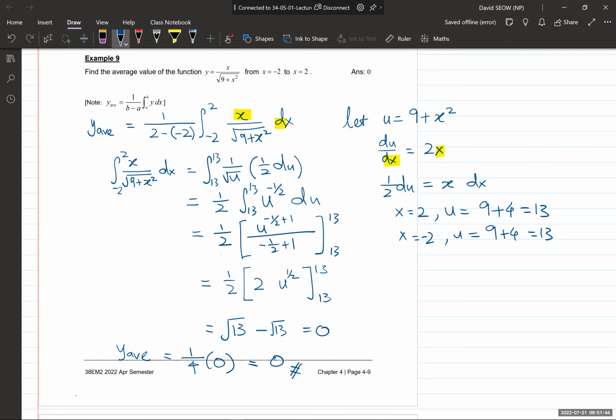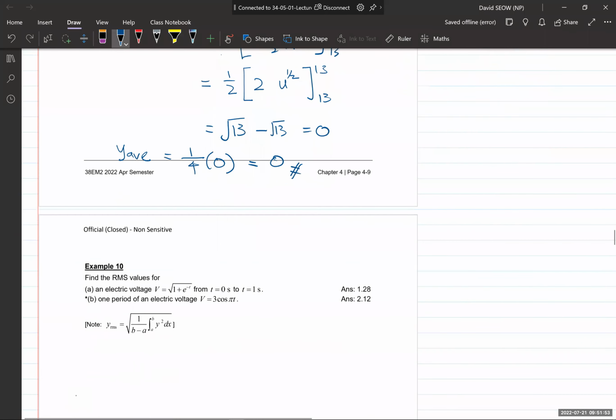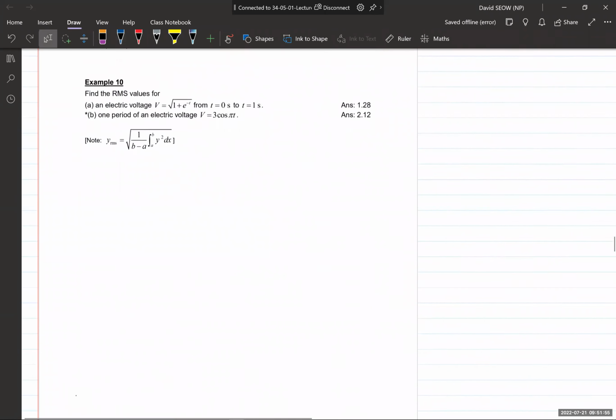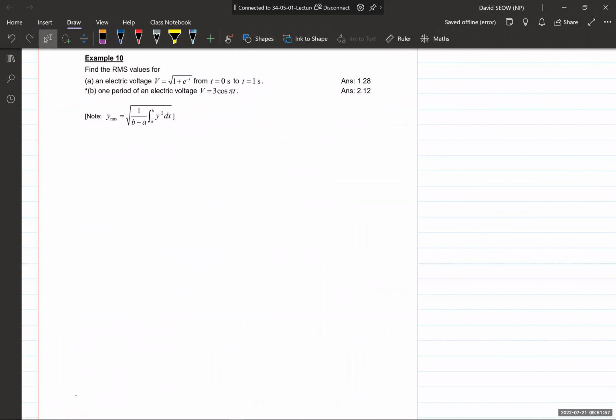Then we look at the last example. For the last example, we have the RMS value, root mean square. This one normally is for the running current.